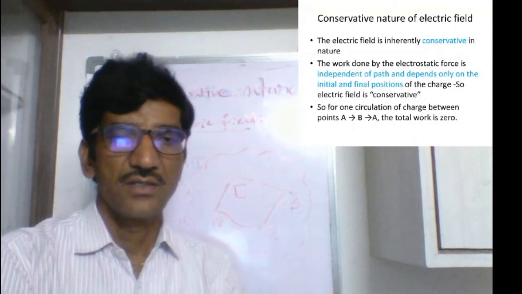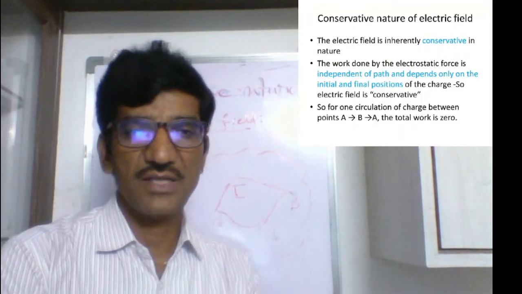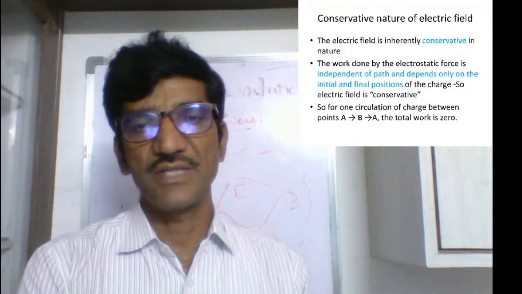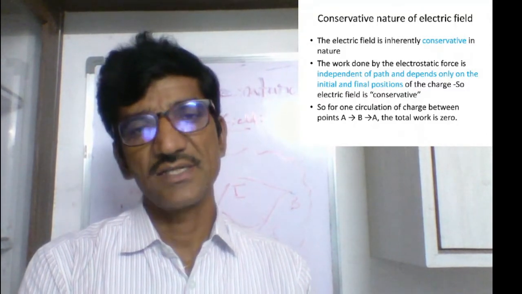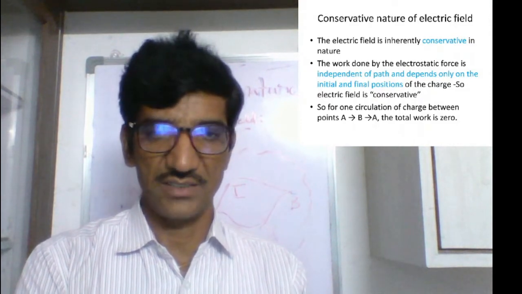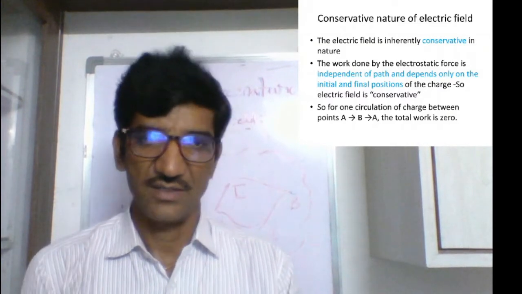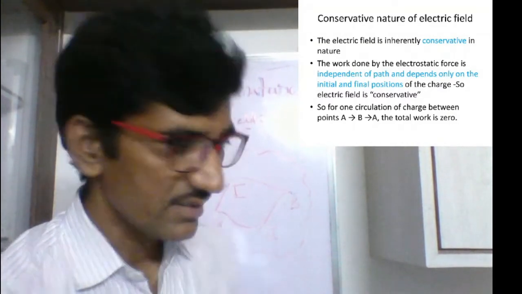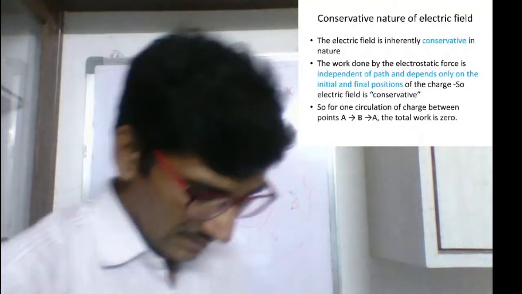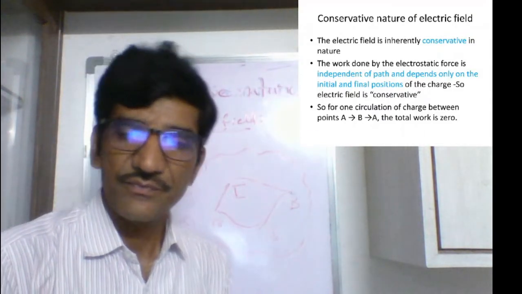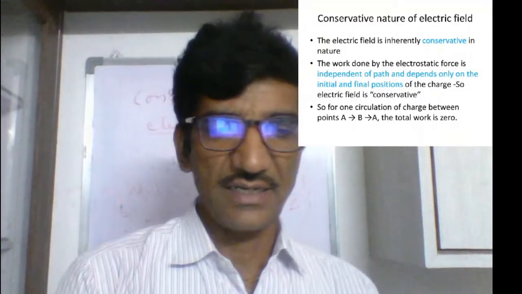If the total work done to move a particle in one closed path is 0, then the field is called the conservative force field. The meaning is the same. This is about the conservative nature of the electric field.